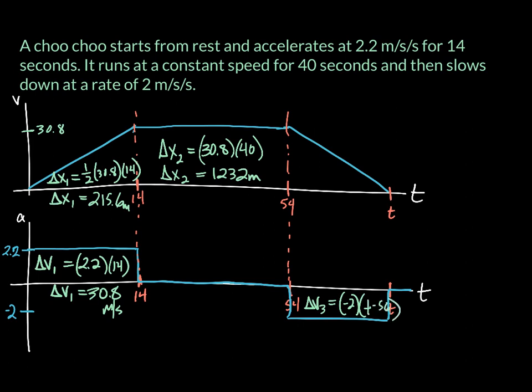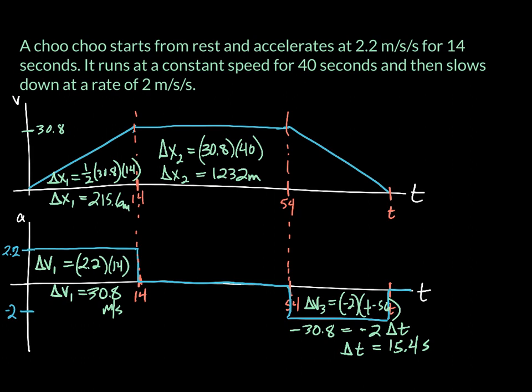I do know the change in speed, though. It's a negative 30.8. If you look up at the top, it's a negative slope. It goes from 30.8 to 0. That change would be a negative 30.8, which works out nicely because then I'll get a positive time here. This is 15.4 seconds. So now I know how long this part up here goes.